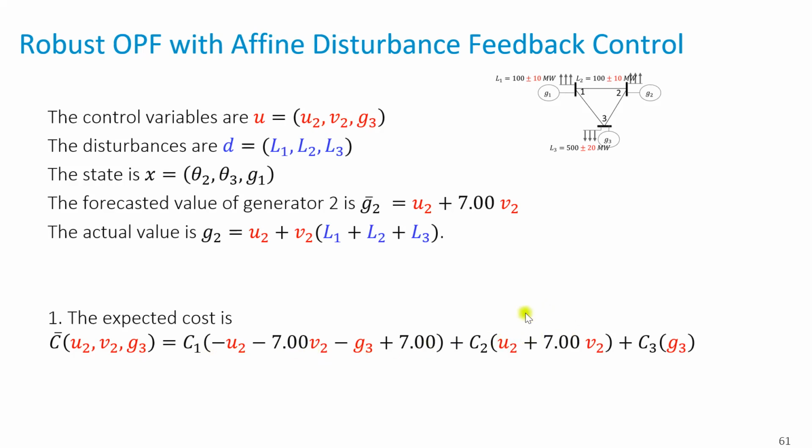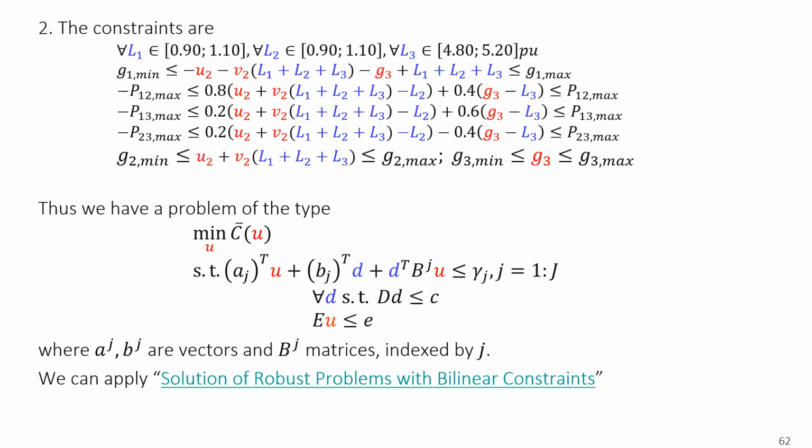Well, then we have the expected value of G2, which is given here, and depends on U2 and V2. That's the value we saw before. G3 doesn't depend on the control parameters because we control G3 directly. And G1 is derived by the equation of total power. That gives me the value of G1 here. So we have an expected cost that now depends on the control parameters as before. So here, not much difference.